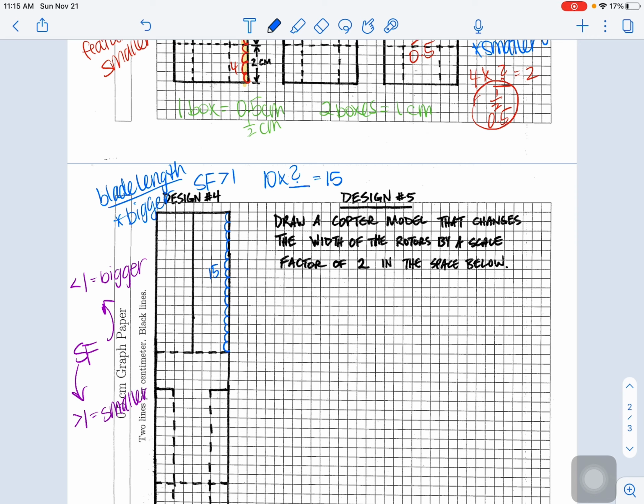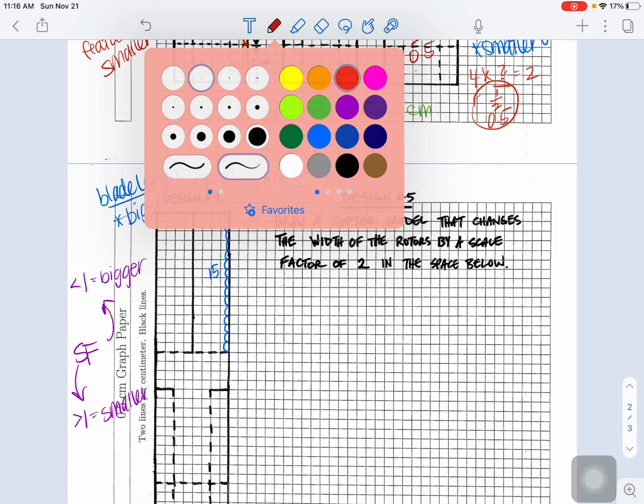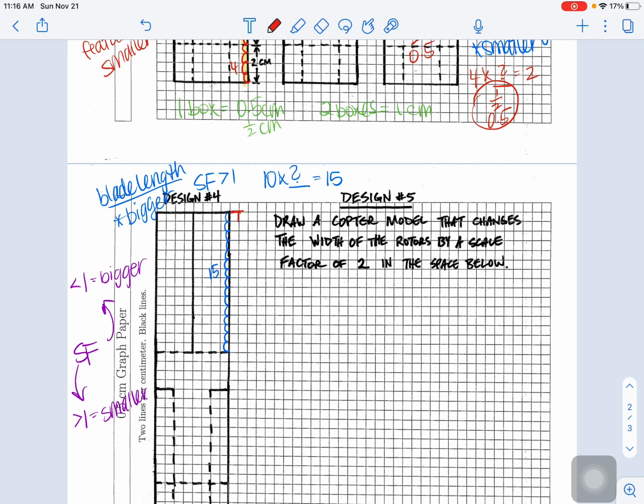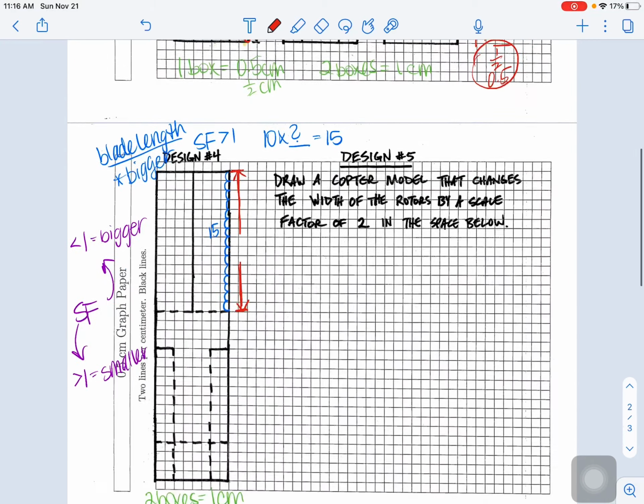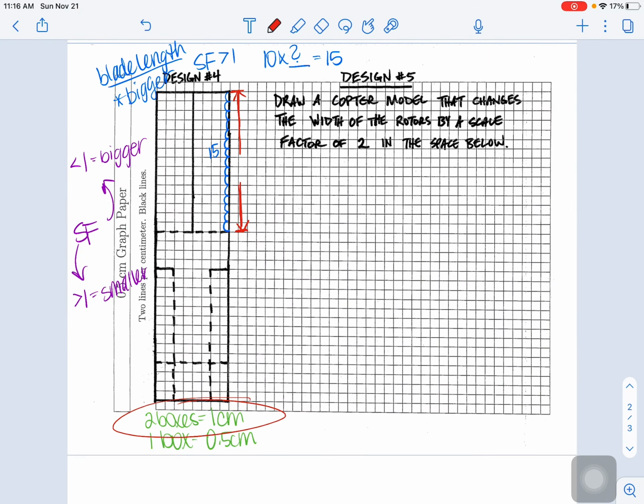I'm going to leave that hang for just a minute, and I want to also calculate what our length in this dimension is, okay? So what is the length of this blade now? So if it's 15 boxes, remember 2 boxes equals 1 centimeter down here.